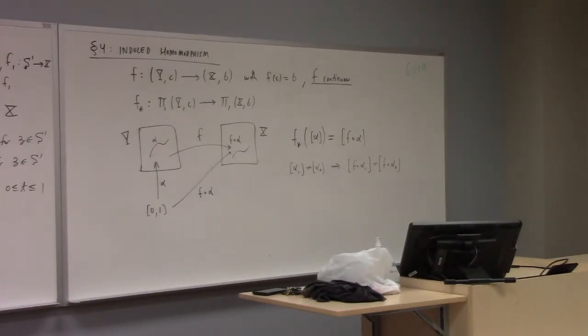Then what's he saying here? He says then f composed with alpha is homotopic to f composed with beta over there in x with endpoints fixed. Now, hold on just a second here.